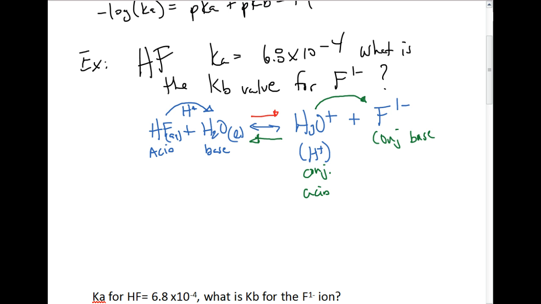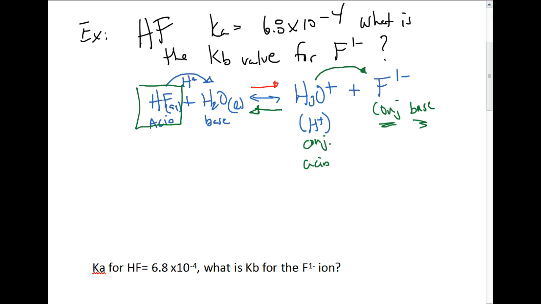So we say that the fluoride ion is the conjugate base of a weak acid, HF, even if it doesn't come from an HF, which we'll get into later. So that's the whole principle behind this. Either way, we can use this to calculate Kb. We're going to use Ka multiplied by Kb equals Kw, 1.0 times 10 to the negative 14th, and plug our values in and solve for Kb.